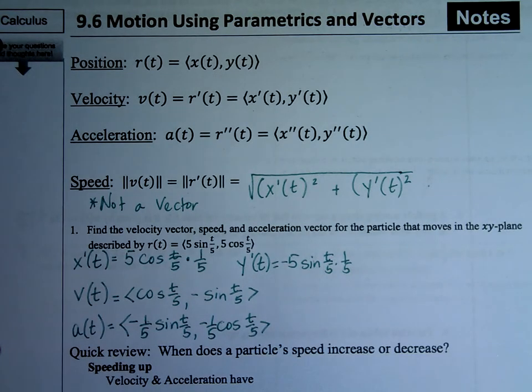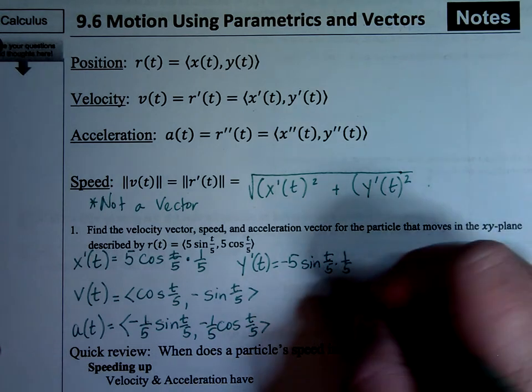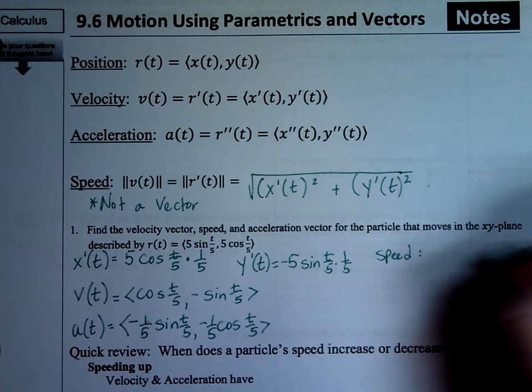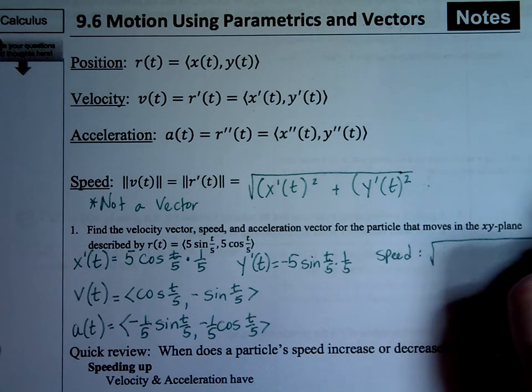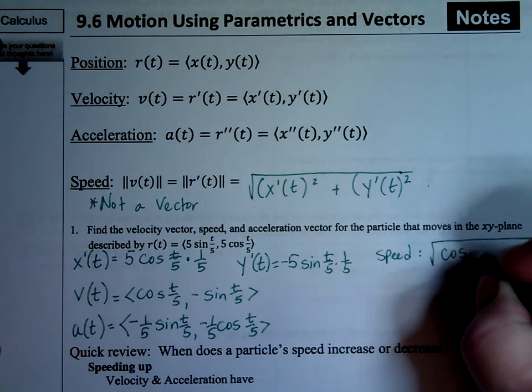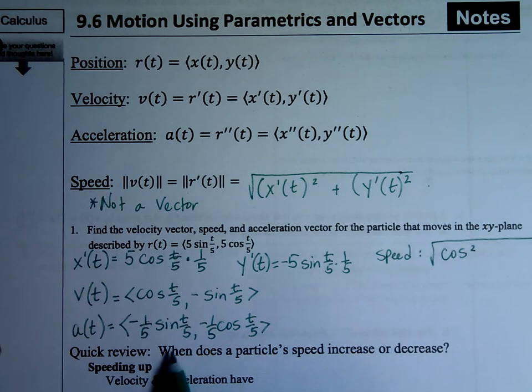And then the last piece they asked us to find is speed, so I'm going to go for the speed here. Well, that's this big old square root. And that square root would be the cosine squared, going back to your velocity vector here, the cosine of t over 5 squared.